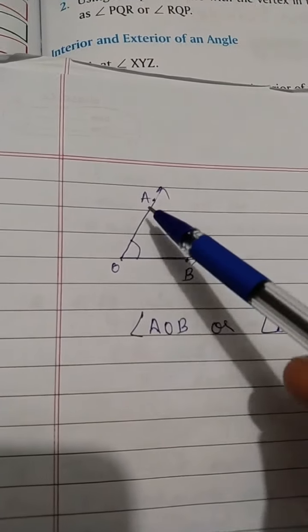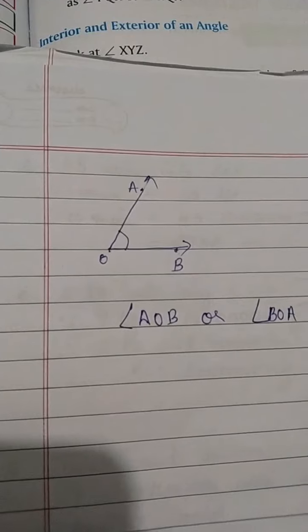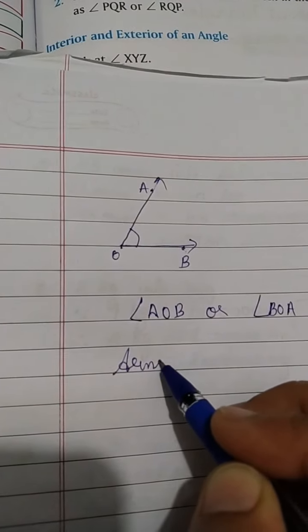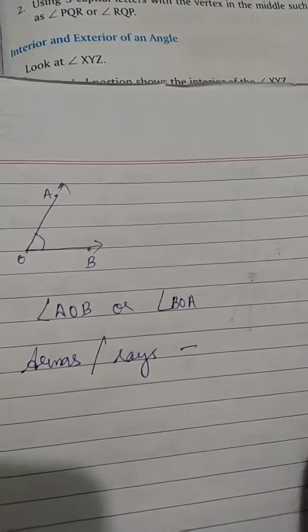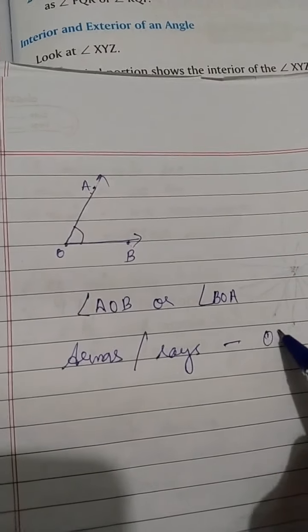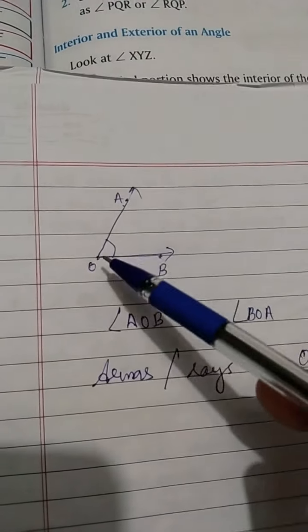So it can be named either AOB or BOA. Okay? It has arms and they are called rays. Arms or rays are OA and OB.